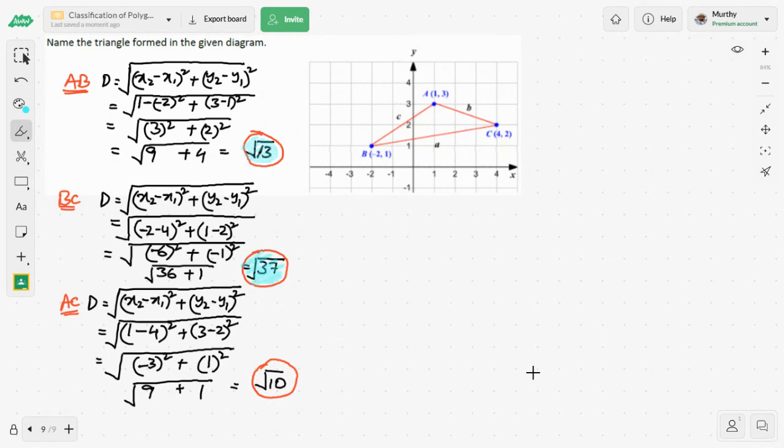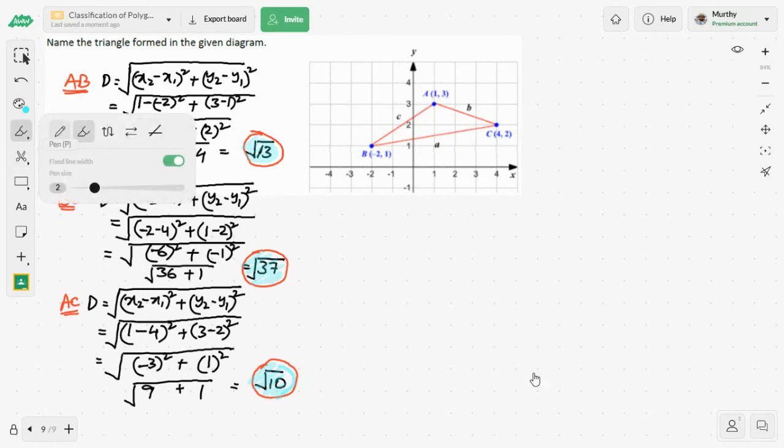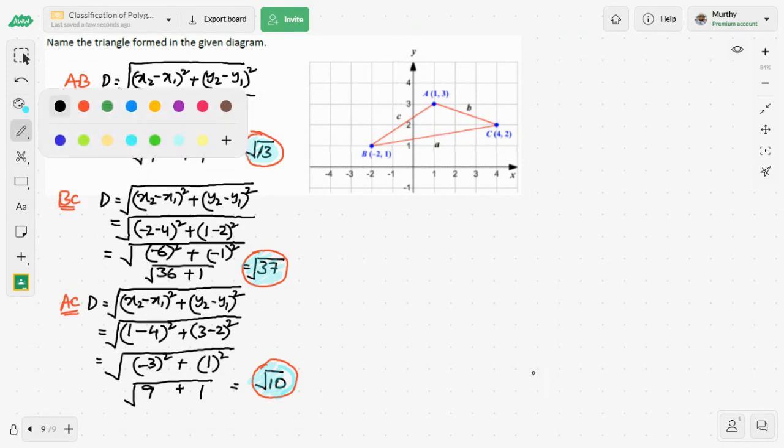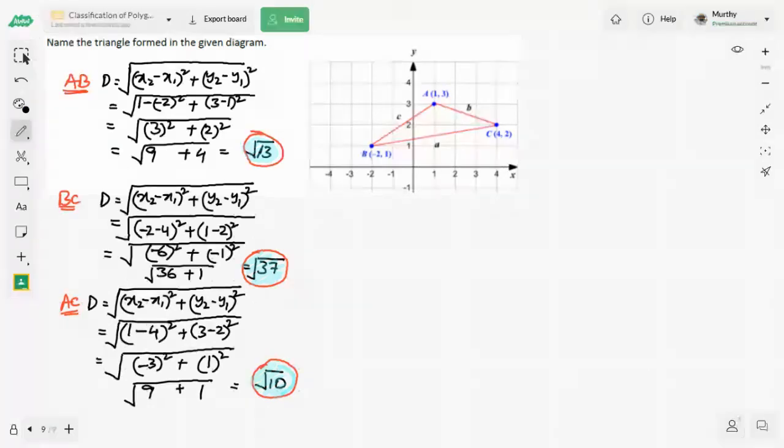None of them are equal, so would you call it an equilateral triangle, an isosceles triangle, or a scalene triangle? You know that. You see that all three sides are different, right? AB is square root of 13, BC is square root of 37, and AC is square root of 10.